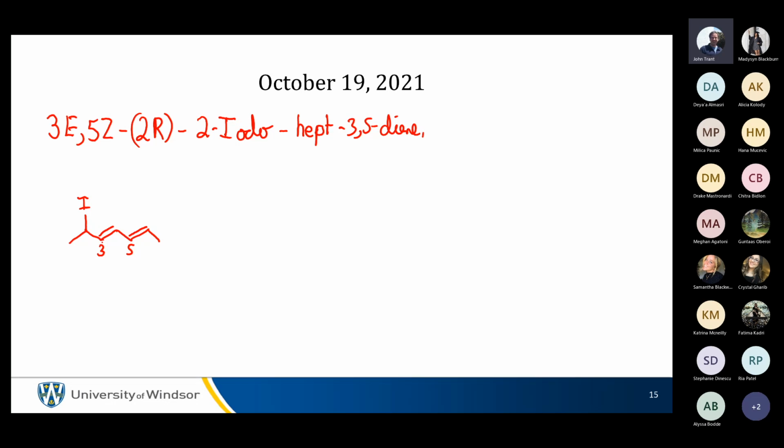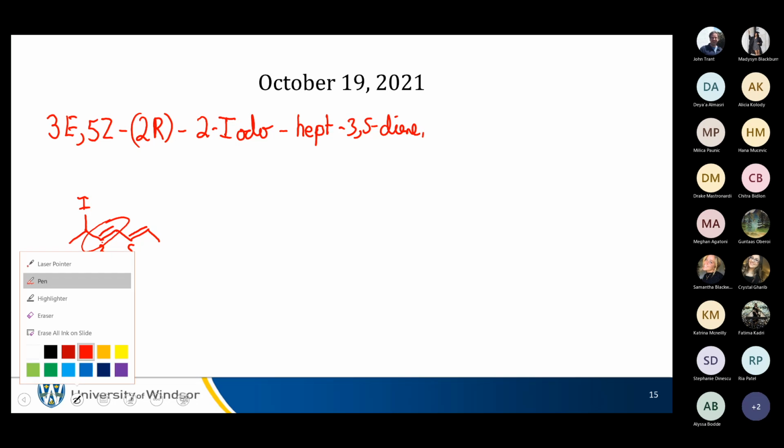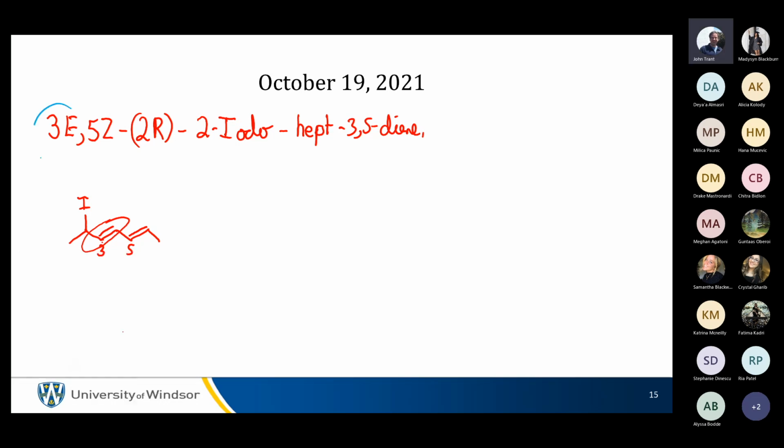Now, let's say we start by trying to address this 3E issue. Okay, so if we take a look at carbon 3, carbon 4, there is a methyl group, a hydrogen. I always draw the trans first because I just do.